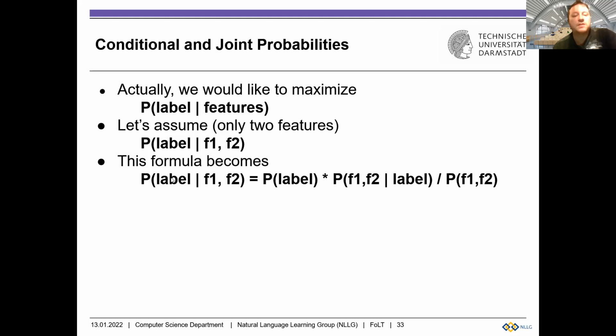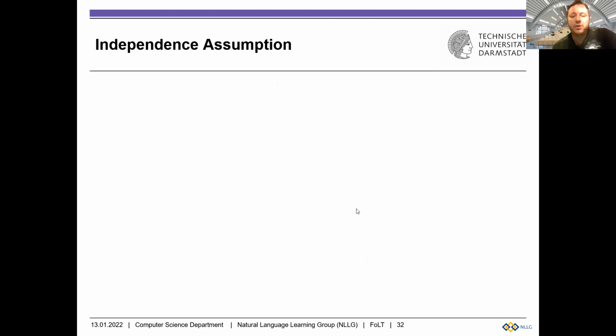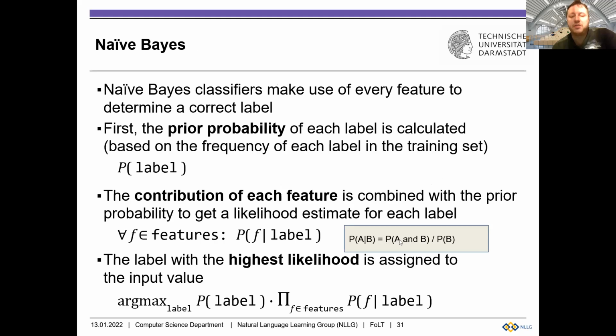It says that the probability of the label given the features F1 and F2 can be written as the probability of the label multiplied by the probability of the features given the label, and then we also divide by the probability of feature 1 and feature 2. So why is this the case? Actually, you can calculate this out just using the above definition that we had before. So we have P of A and B divided by the probability of B is the conditional probability.